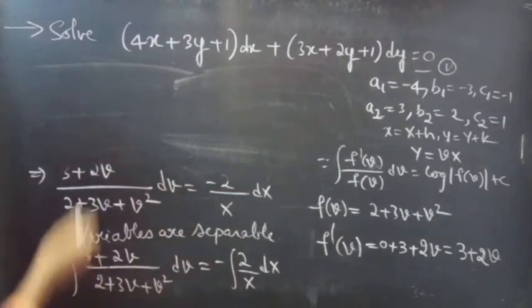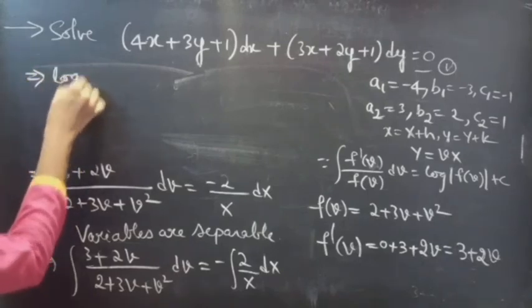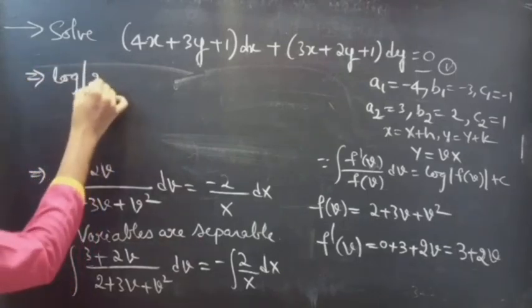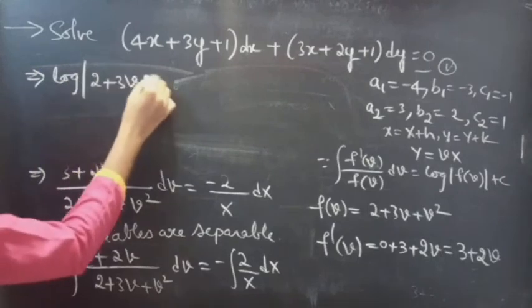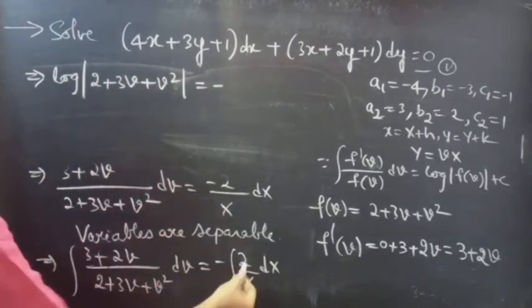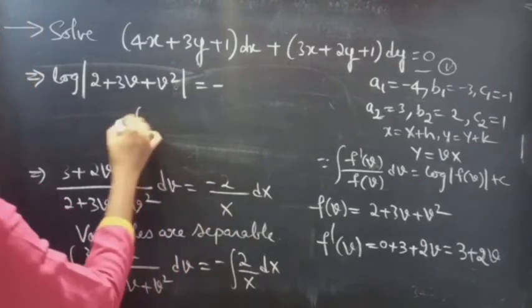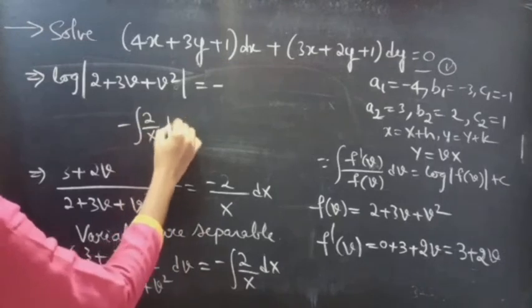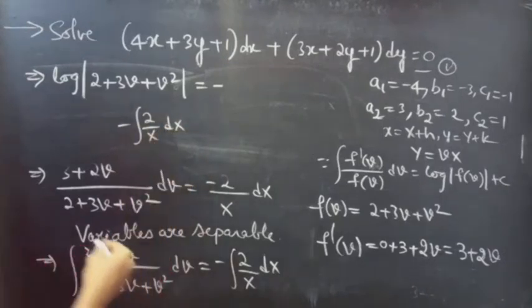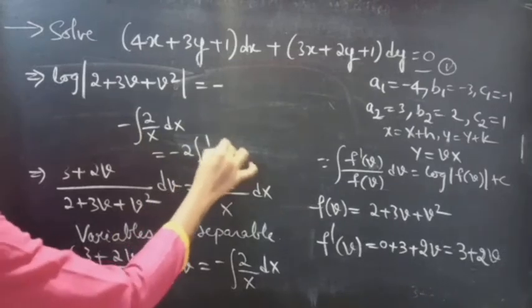Then this becomes log mod f of v, that is 2 plus 3v plus v square, equals to minus integral 2 by x dx, which you can write as minus 2 integral 1 by x dx.